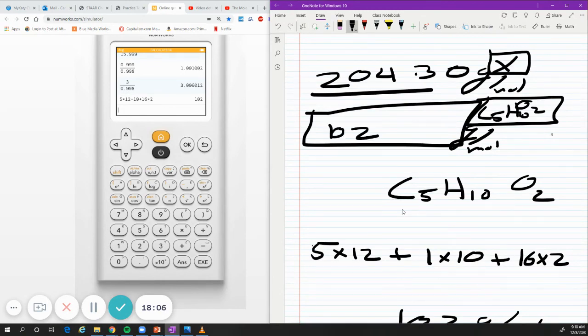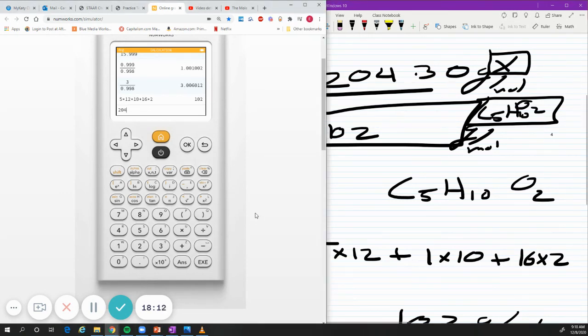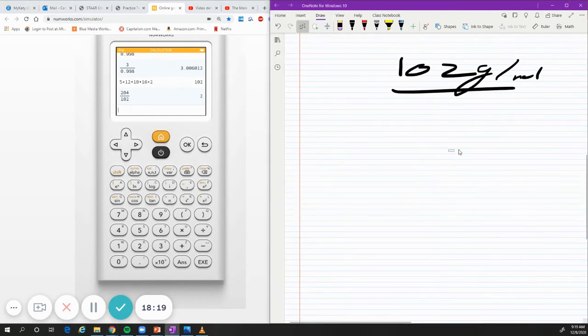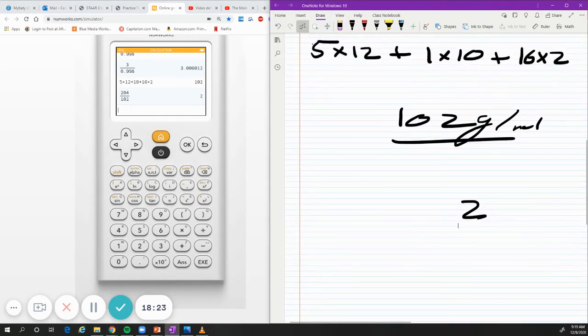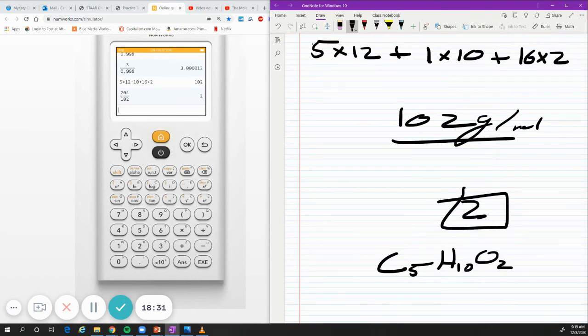So basically we have 204.3 divided by 102. Let's do that in the calculator. 204 divided by 102 gives me the number 2. Right? And once I get this number, I'm going to multiply what I originally had. I originally had C5H10O2.